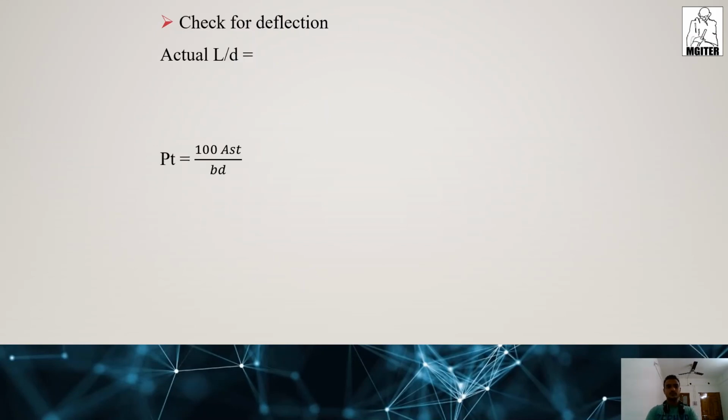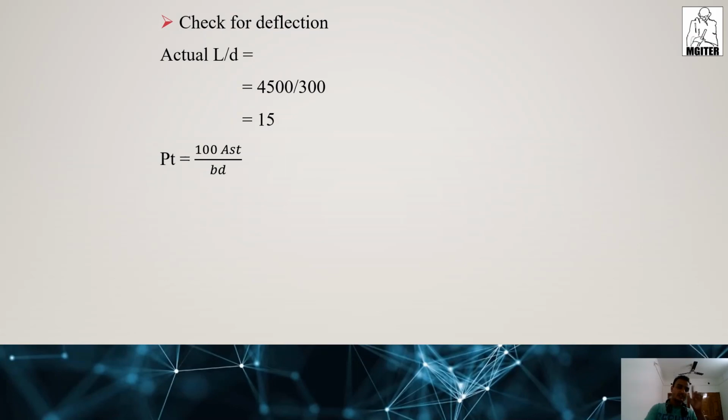Then check for deflection: actual length by d, the actual length of the beam divided by the actual depth of the beam. We got length 4.5 meter, so in mm 4500 divided by 300, we got actual l by d is 15. Then find pt.